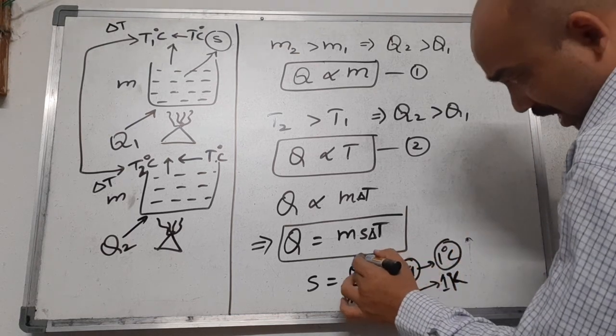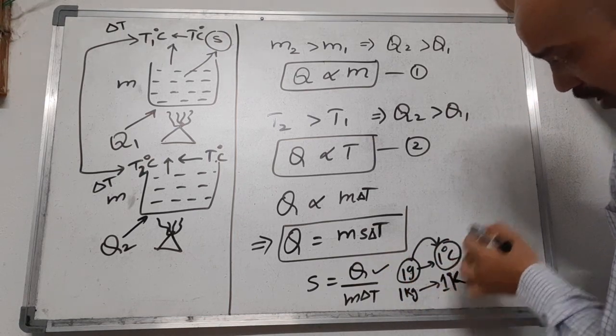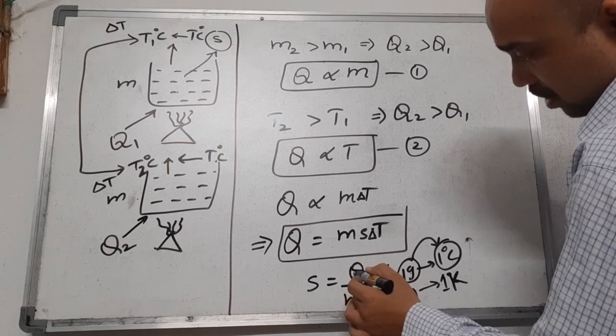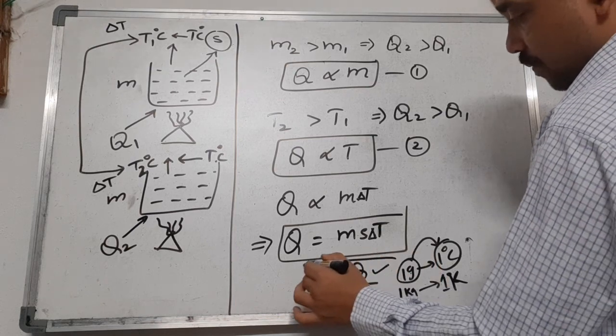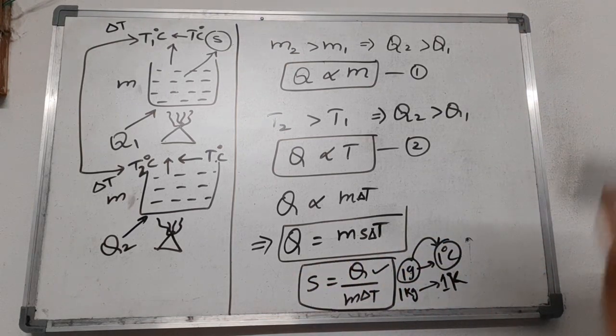So how much heat energy is required to increase the temperature of 1 gram of a substance by 1 degree Celsius? That heat energy required is called the specific heat. For each substance, a definite value of specific heat will be there. No two substances will have the same specific heat. Different substances will have different specific heats.